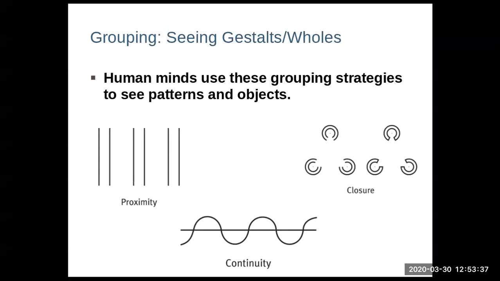It looks like, instead of being 2 different things, a line and a wave, it looks like they're interacting together. So that is how our brain interprets these things, right? Proximity, how close together the lines are, whether the shapes are open or closed together, as to whether we see something in the middle. Our brain tries to fill in the blanks, and continuity.